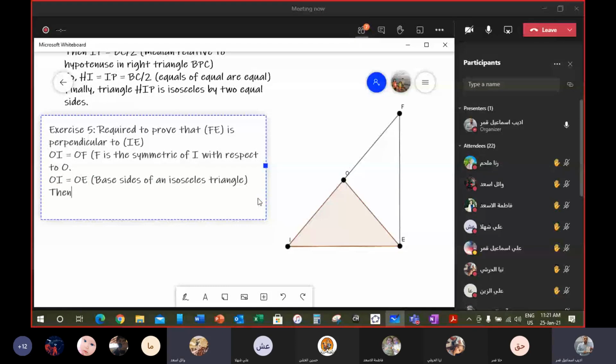So ال OF is equal لل OE equal لل OI. Very good. Then OF equal OE equal لل OI. بدي اكتب على جنبهم reason نقول equals of equal are equal.